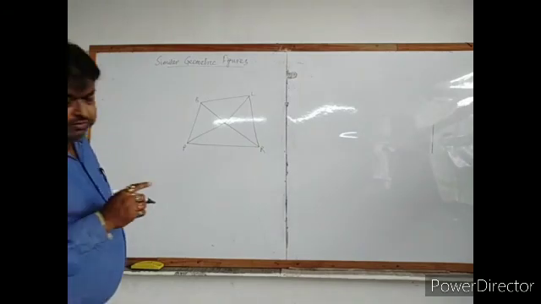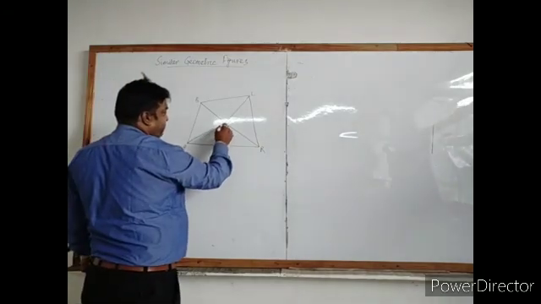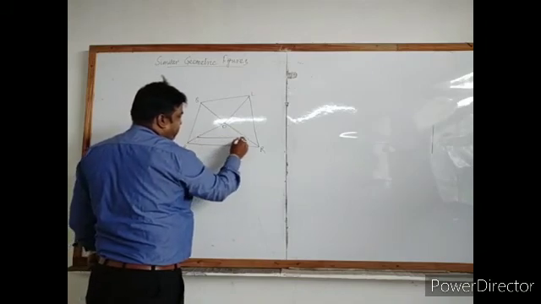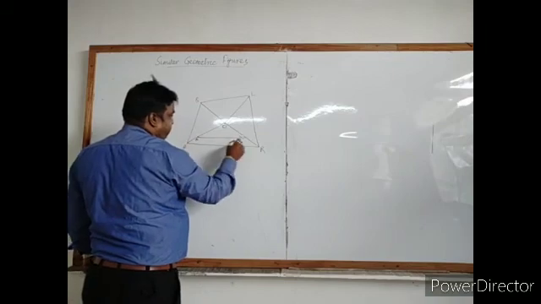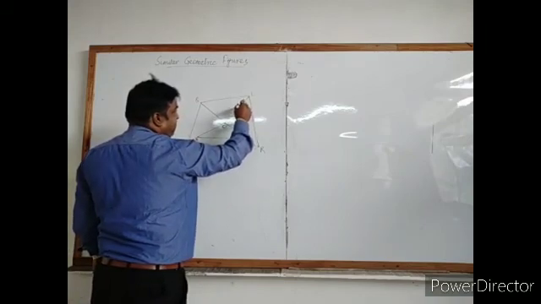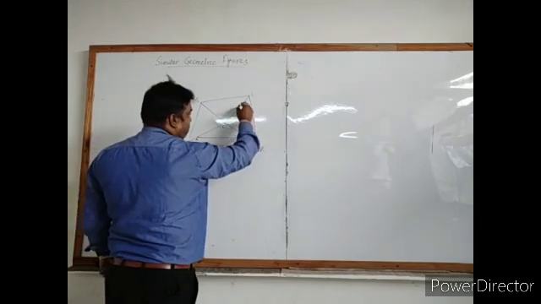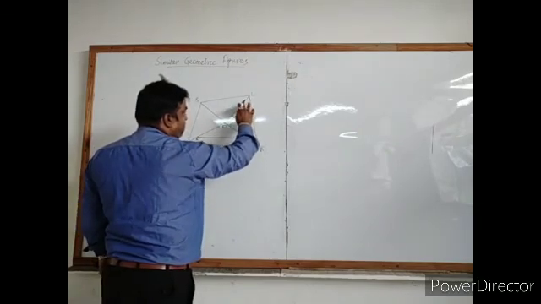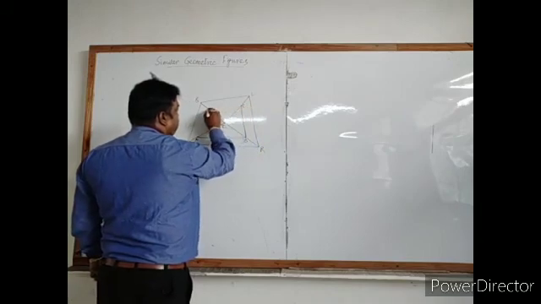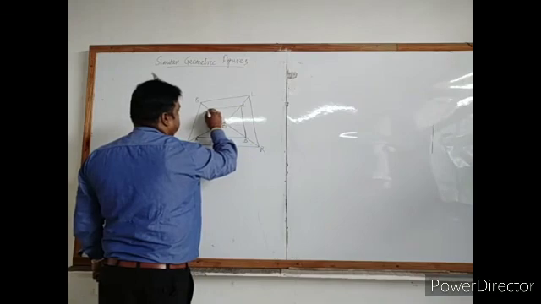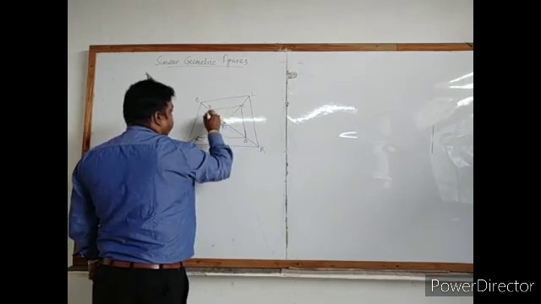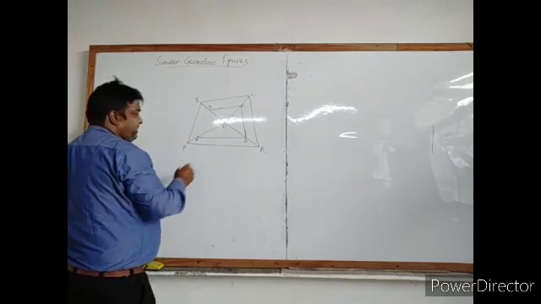This one is O. A is the point on OP. This one is parallel to this one, AB parallel PR. Then BC parallel RL, and CD parallel LQ. So now you see these three parallels are already given.